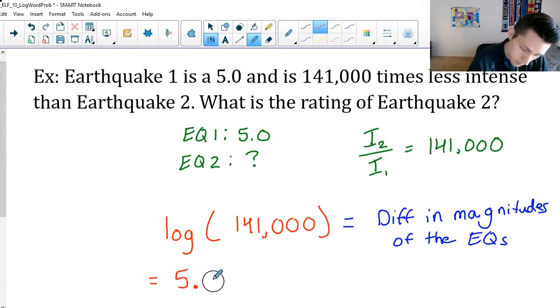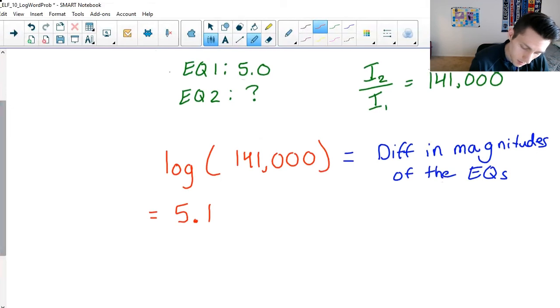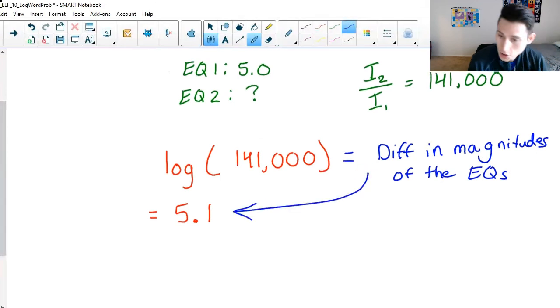Or sorry, 5.1. Yeah, it would be 5.14. So that just rounds to 5.1. Right, this isn't the answer. This is the change between the two earthquakes.